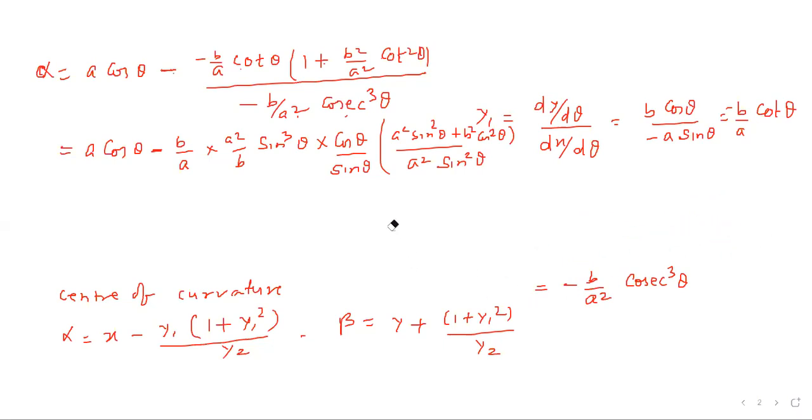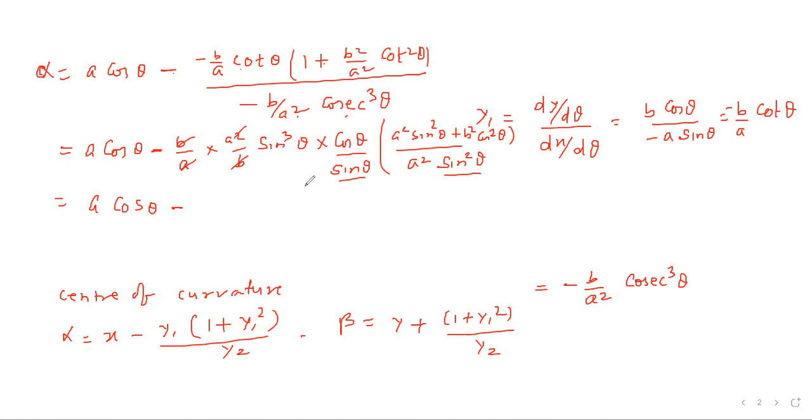This is the value of y. So this will become: b will cancel out, 1/a will cancel out, here 1 sine theta will cancel out. So it will become a cos theta minus, this is 1 sine theta, this is sine square theta, so it will become sine cube theta. So this is completely cancelled.